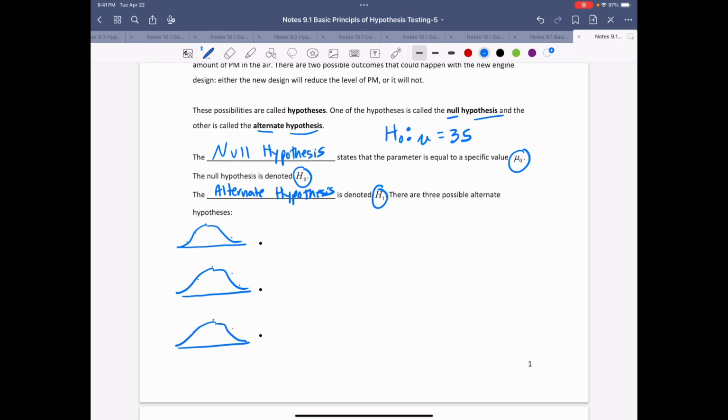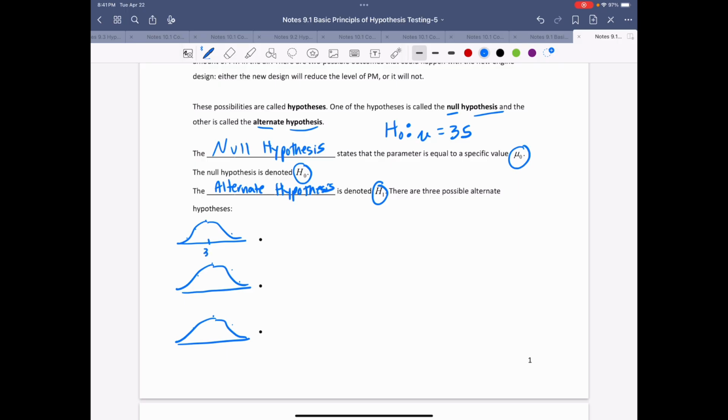And for the mean of all of them, put our H0, 35. So put a 35 for all of them as the mean. All right, the first type of alternate hypothesis would be something like, I think the true mean is less than 35.